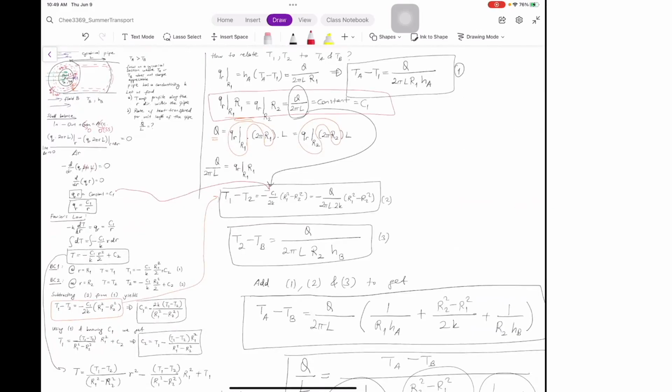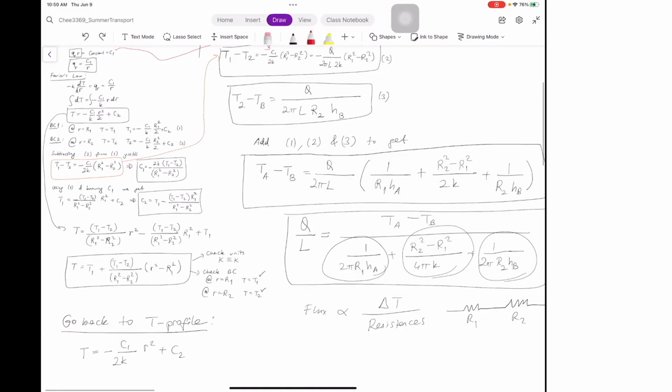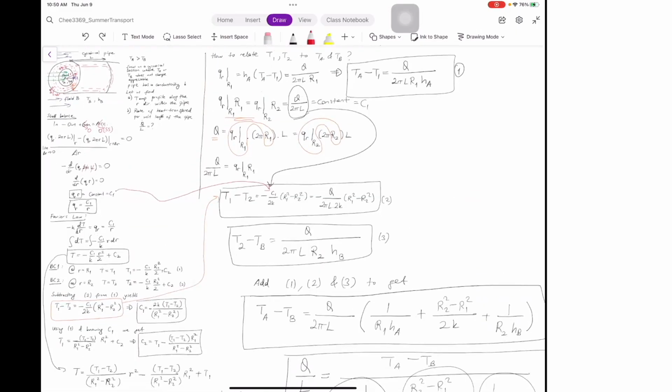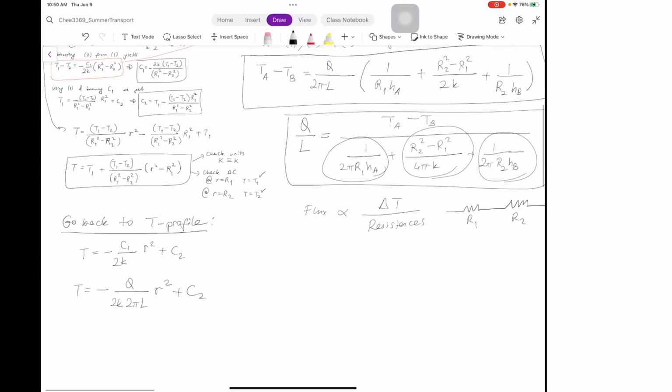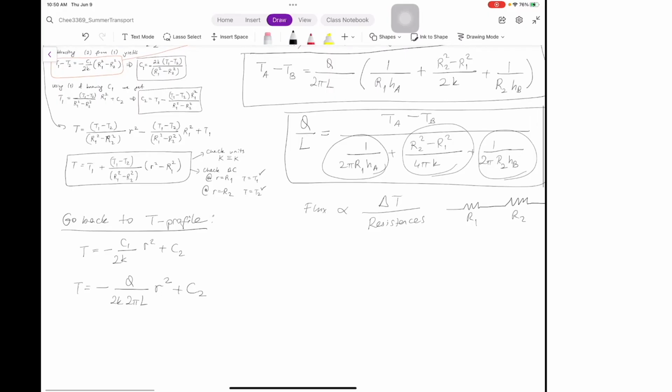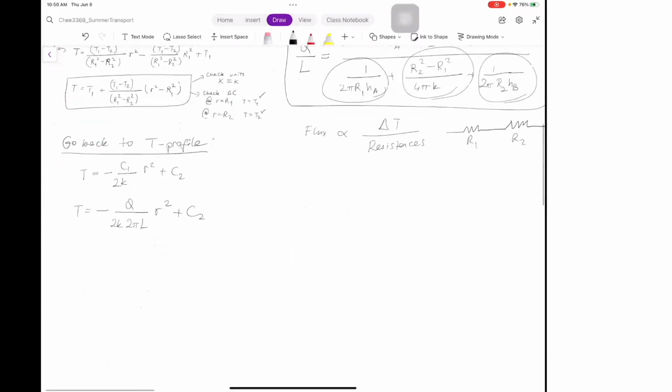We have found the C1 in terms of Q, and it's Q over 2 pi L. And as you said, we can get the T2, or maybe T1, doesn't matter.